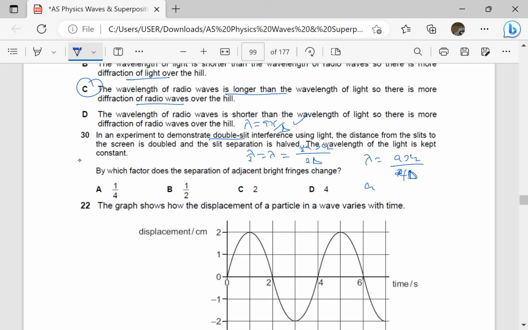So A times the first value of x, A times x, divided by D is going to be A times x2 divided by 4D. So A cancels, D cancels, and this is giving us x2 being equal to 4 times x. So the answer is going to be 4. The second value of x will be 4 times the first value of x. So the answer is D.